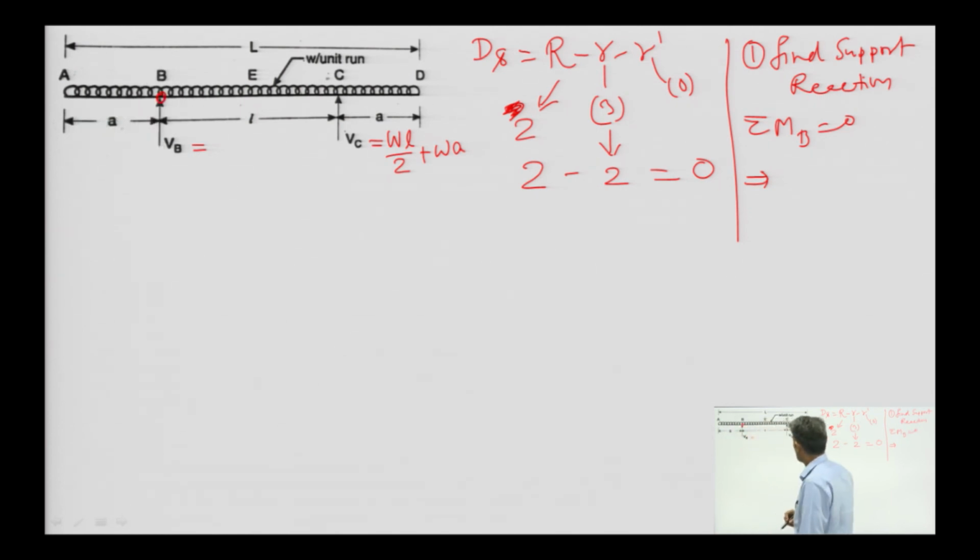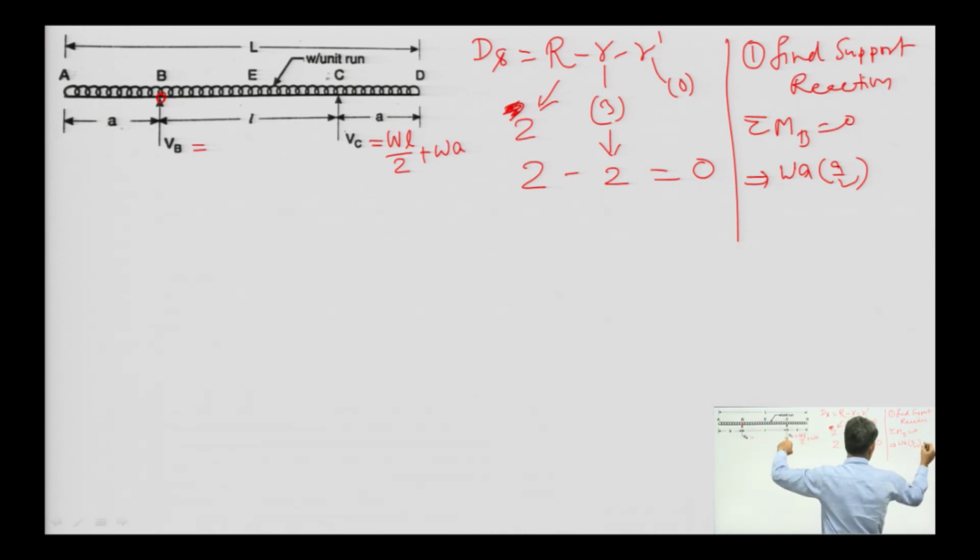So, what will be the moment of the forces? It is W A into A by 2, this is clockwise, this is anti-clockwise. Suppose we are taking anti-clockwise as positive.